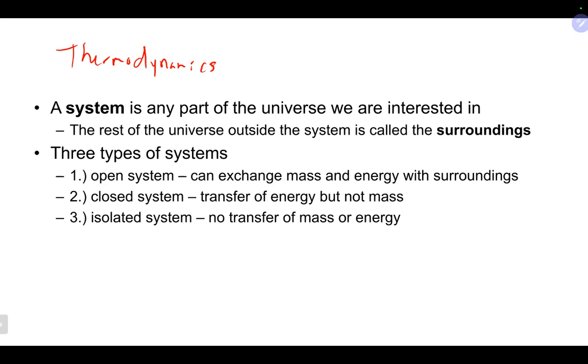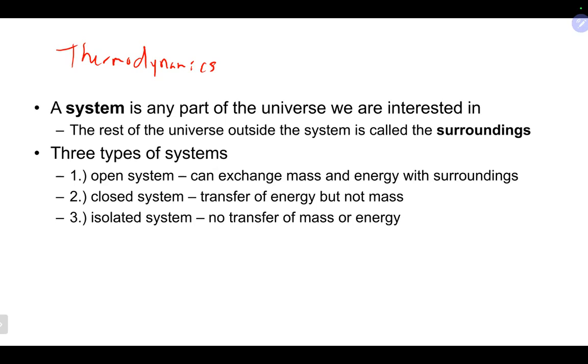When we talk about systems, there are a few different types we deal with. One is an open system, like your test tube, for example. It can exchange mass and also energy with the surroundings. A closed system would be like putting a stopper in your test tube. The mass inside can no longer get out, but it can still exchange energy with the surroundings. An isolated system is one where nothing is being exchanged.